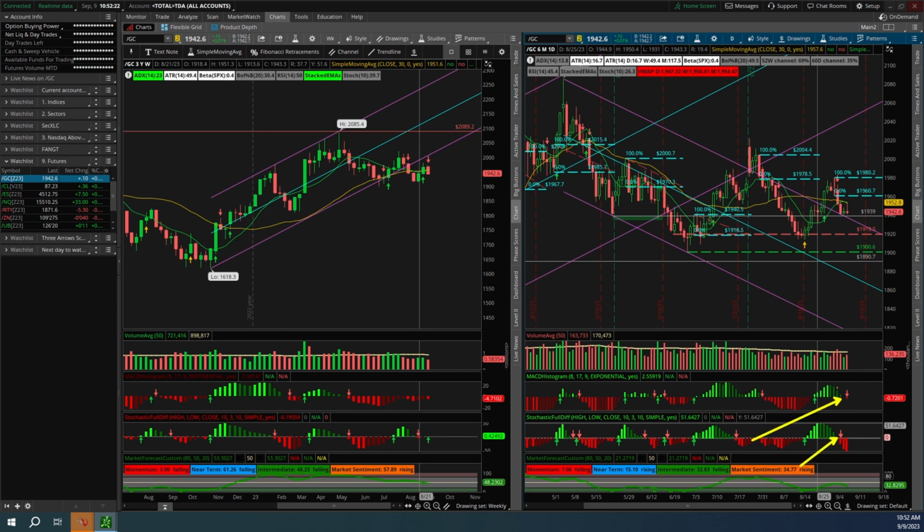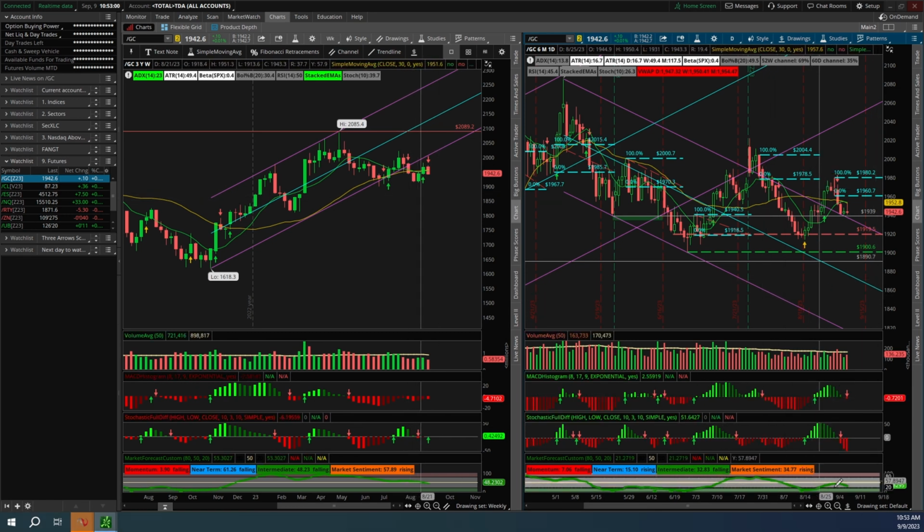You have a red arrow in the MACD, and also a red arrow in the stochastic that was triggered a couple of days ago. Now with this one here, you have three red arrows, which indicates that most likely, not always true, but most likely, the move is going to continue to the downside.